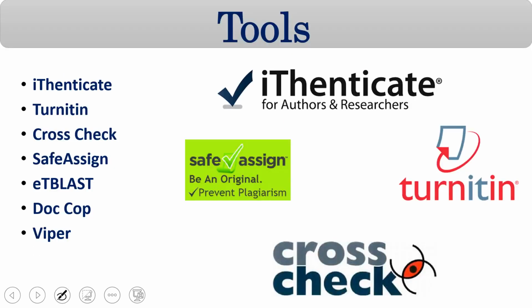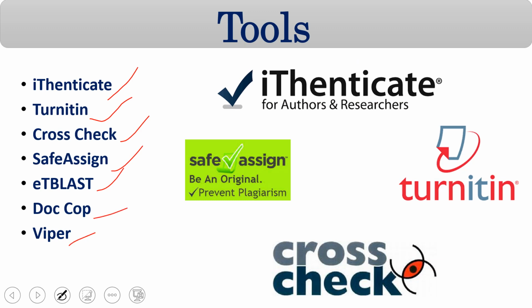You have seen there are a number of different tools we have for finding plagiarism cases and where we have copied from. These are the different paid softwares commonly used: iThenticate, Turnitin, Crosscheck, SafeAssign, ETBLAST, DocCop, and Viper.